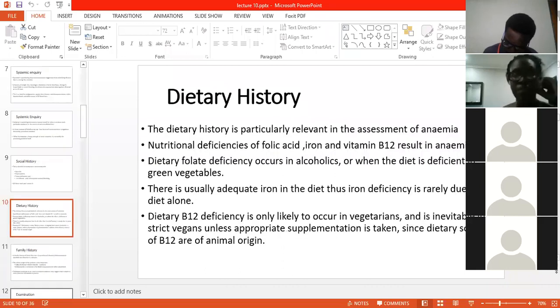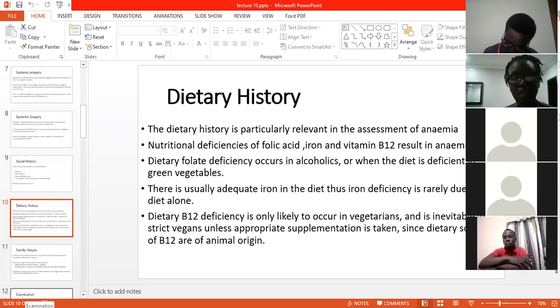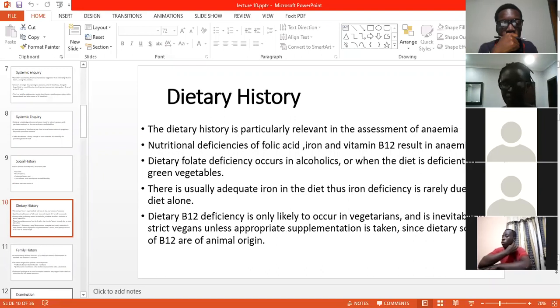In the history, it's also important to find out about their diet. So is there any nutritional deficiency? What are they eating? Is what they are eating sufficient to give them the raw materials for production of red blood cells? So these are folic acid, iron, vitamin B12. Are they getting enough of these in the foods that they are eating?